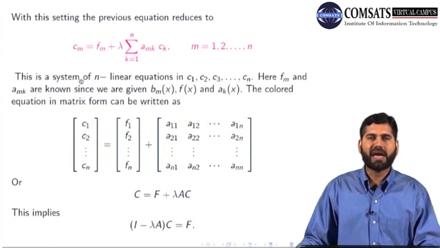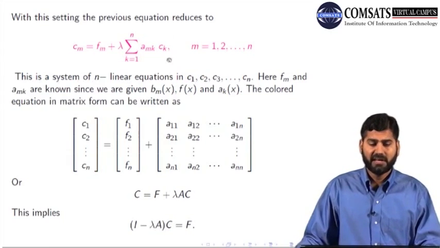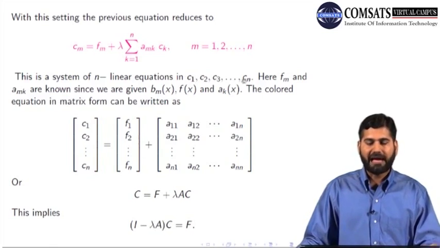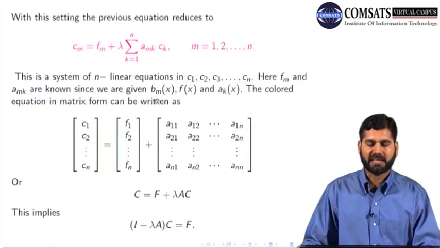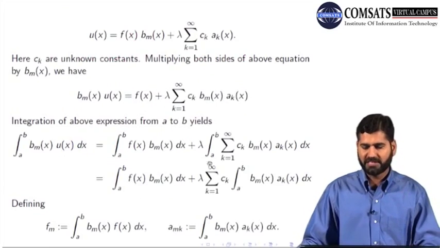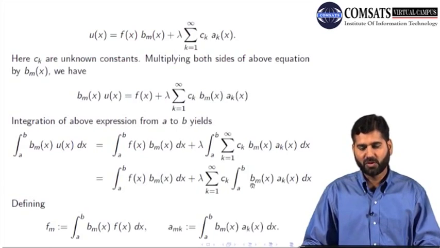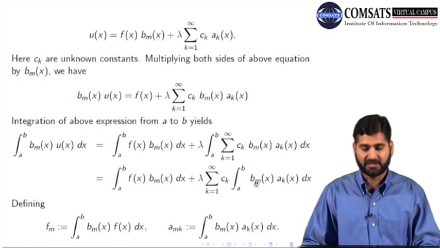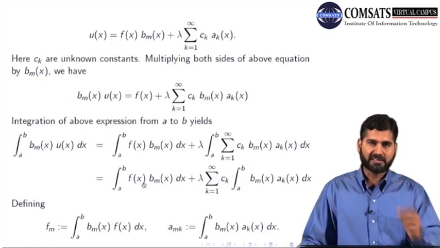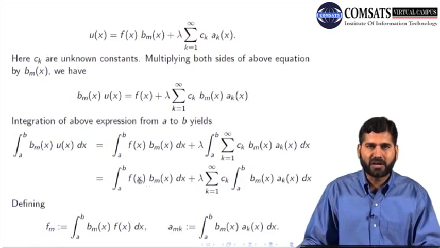This is a system of n linear equations. You see, these are all constants inside. So this is a system of n linear equations in c1, c2, c3 up to c_n. Here f_m and a_mk are known, since we are given b_m(x), f(x), and a_k(x). If you look at the formulation, a_k and b_m are given to us, so a_mk is a known constant. b_m and f(x) are given to us, so again these are known constants.